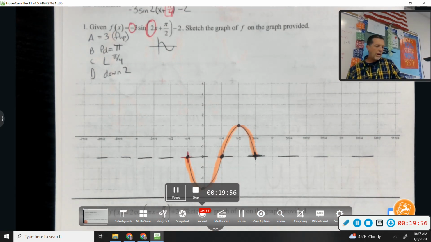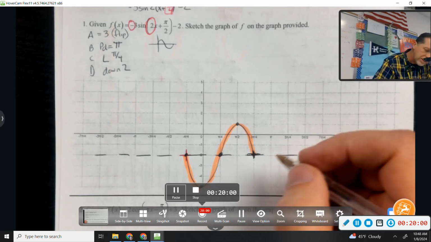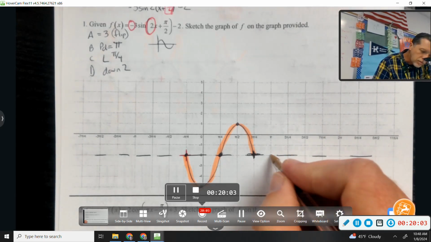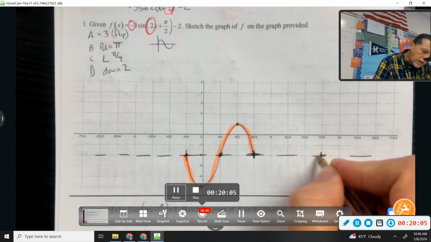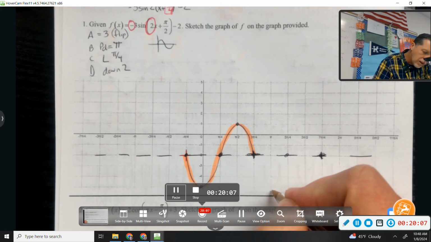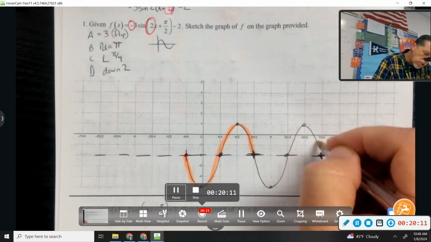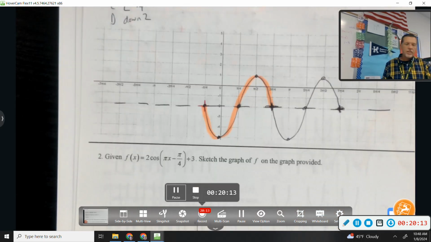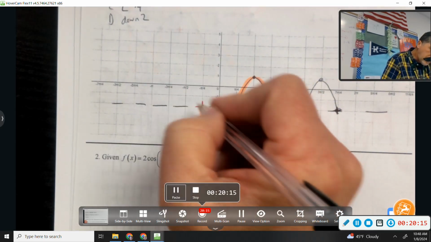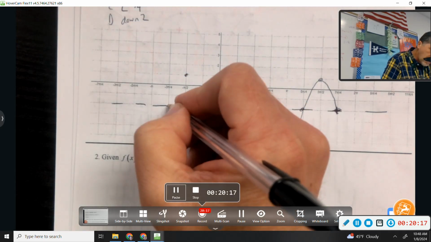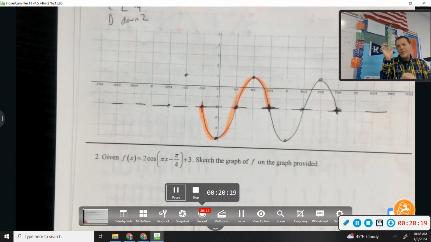I want to graph 2 cycles, so I need to copy paste forward or copy paste backwards, either one. So pi away would put me here. So there it is, extended forward, extended backwards if you want to. Also, you don't have to necessarily do the copy paste thing, you can just follow the pattern.